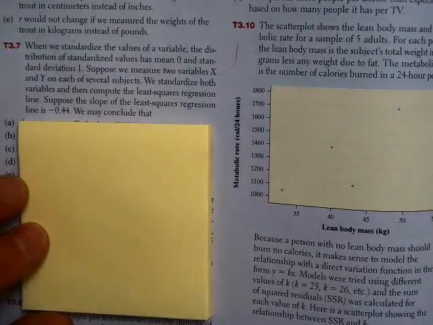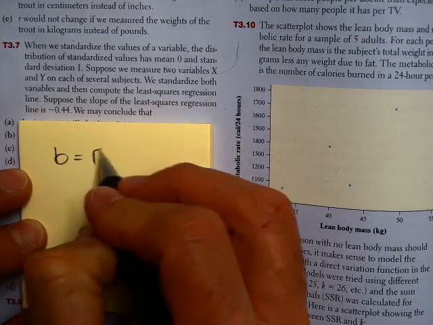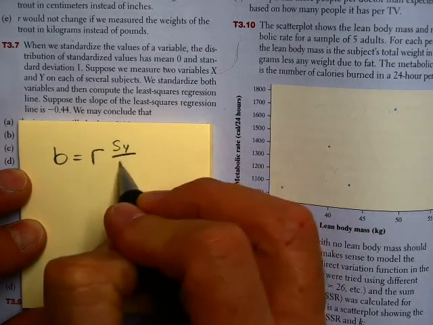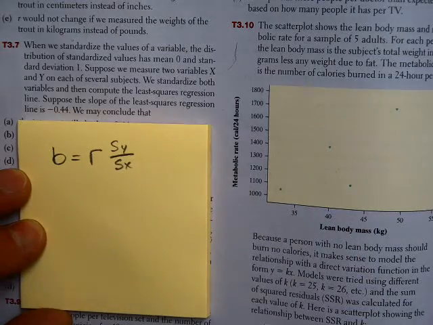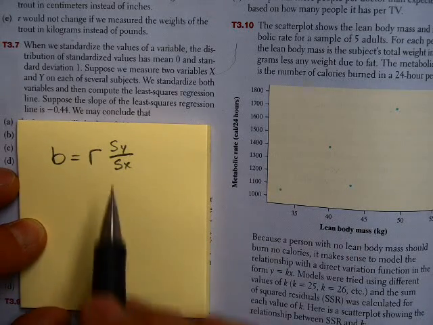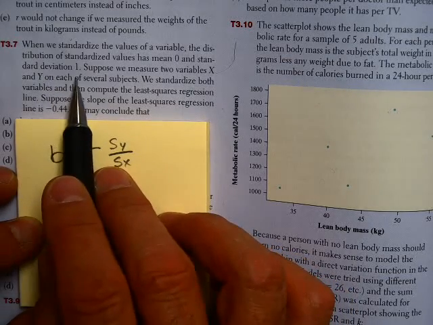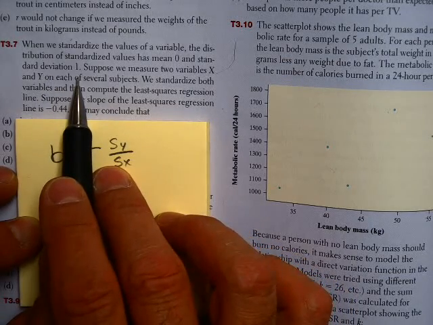We may conclude, okay, remember b equals R times s sub y over s sub x. The kicker in this one is that it says that the standard deviation is 1.